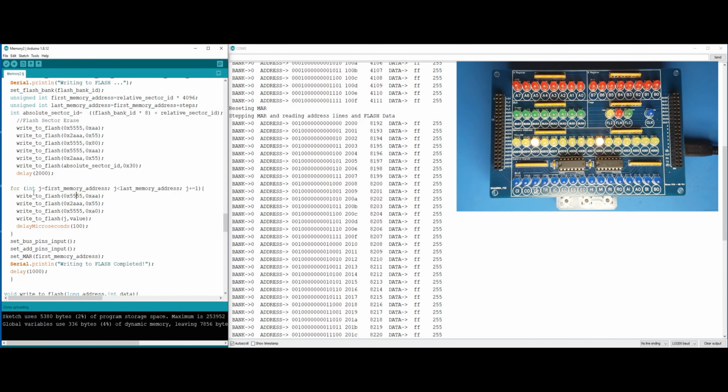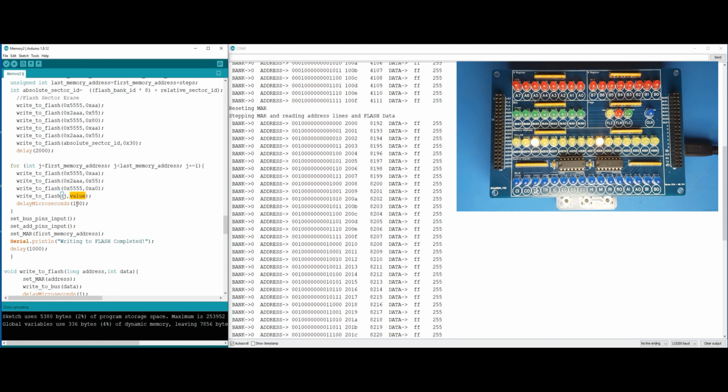That's what is happening here. We send a couple of commands, and then finally we send the address that we're trying to write, and also the value that we want to write to the chip. And then another delay here, just to make sure that the data is actually written to the flash memory.